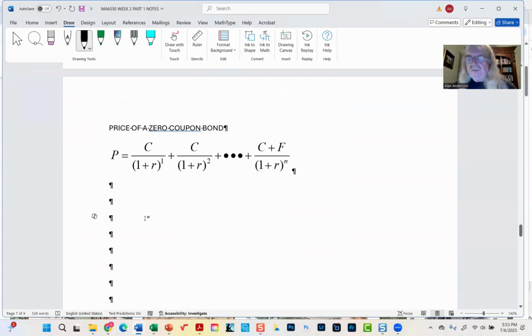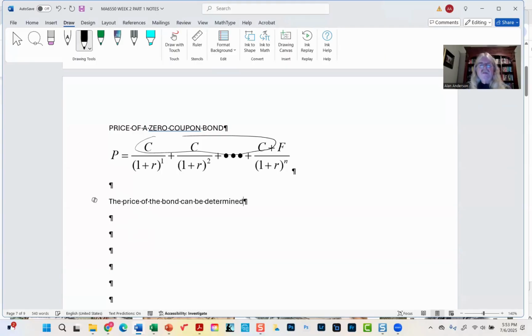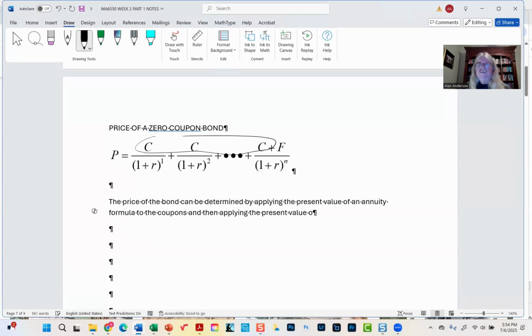Now, this looks like a lot of work, but if you think of the coupons as an annuity, then the price of the bond can be determined by applying the present value of an annuity formula to the coupons and then applying the present value of the sum formula to the face value.